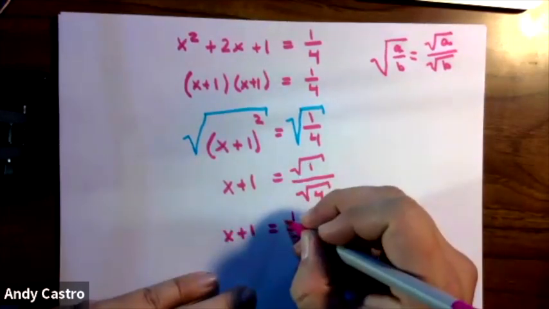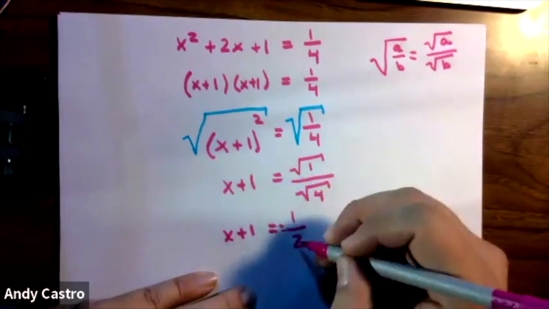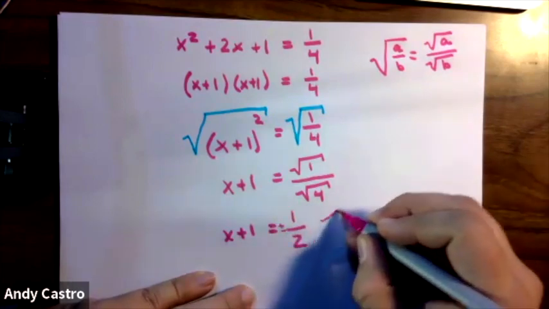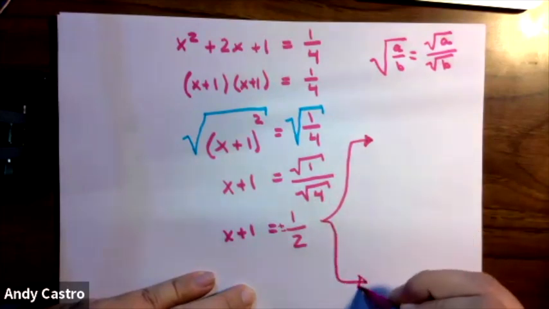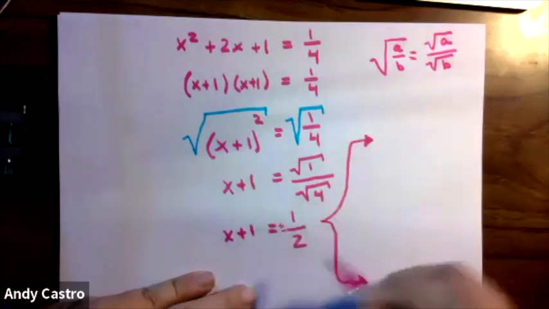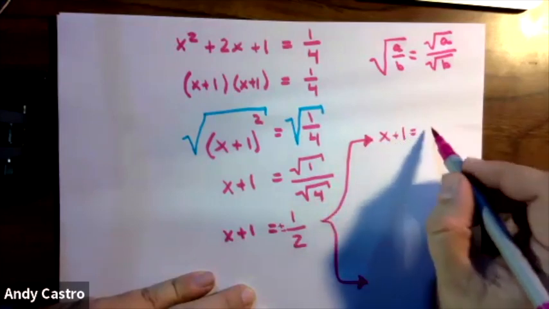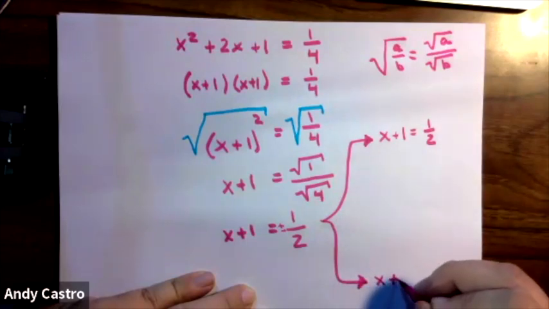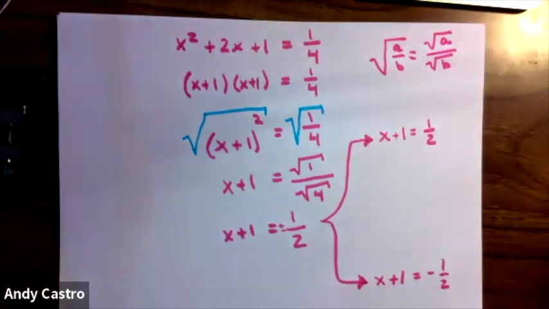I'm sorry, that's going to be plus or minus, because the square root of 1 is plus or minus 1, square root of 4 is plus or minus 2, so this is going to be a plus or minus 1/2. So then I will have two answers. x plus 1 is equal to positive 1/2, and x plus 1 is equal to negative 1/2.